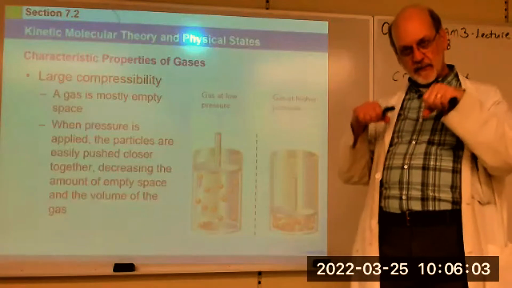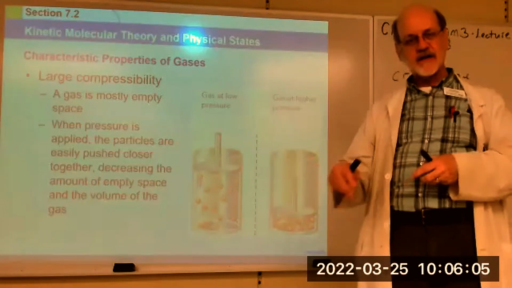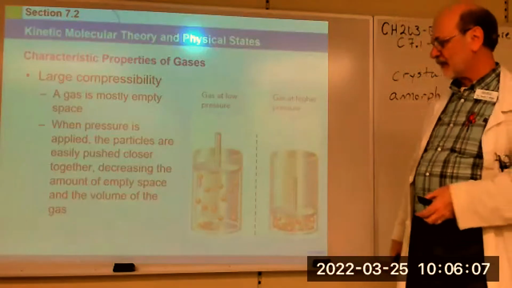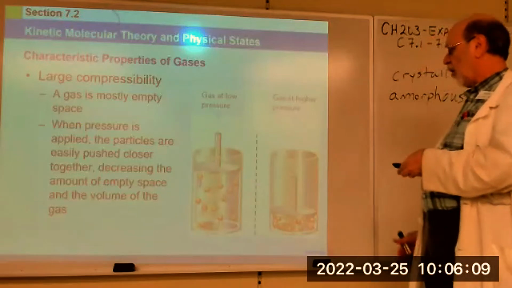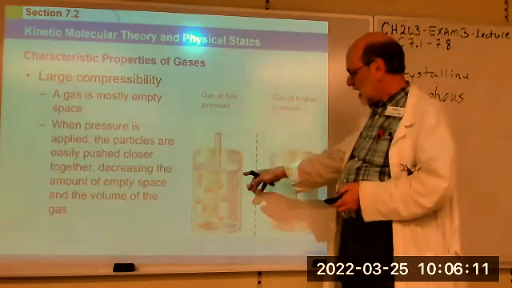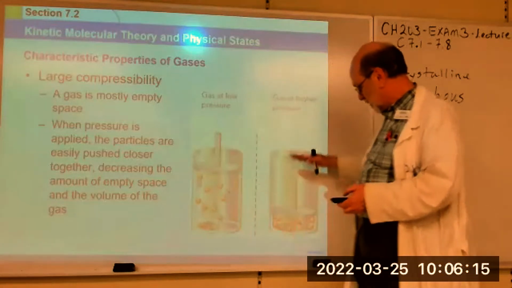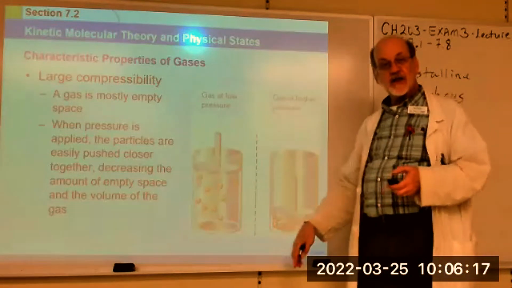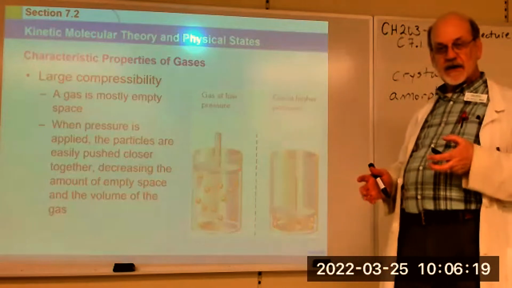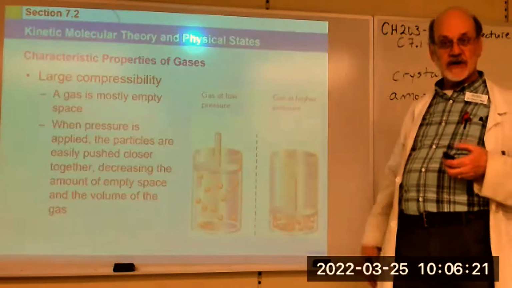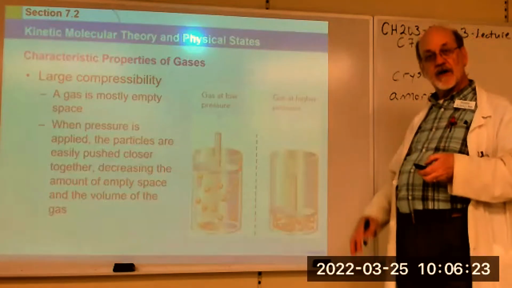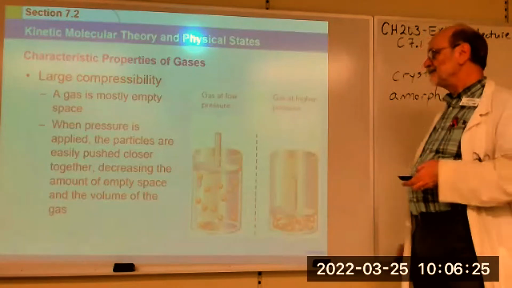You just apply pressure and you force air into that same space. Or you have a fixed amount of gas and you just decrease the volume, apply pressure, decrease the volume. Now the molecules occupy a smaller space, so their density should increase because the volume has decreased.